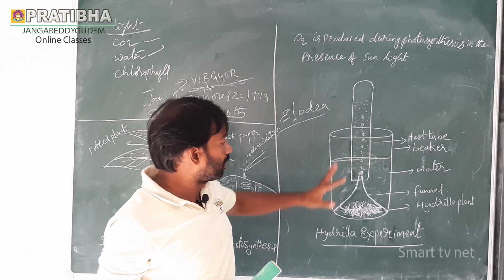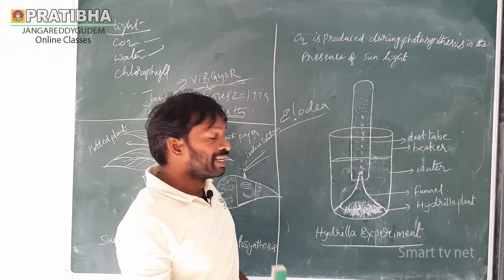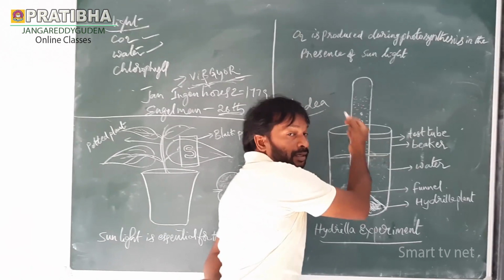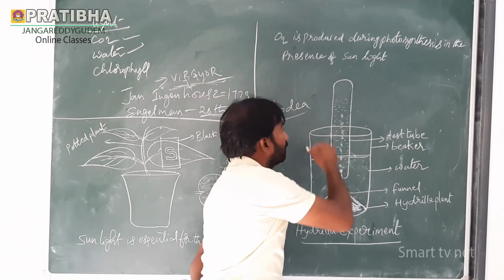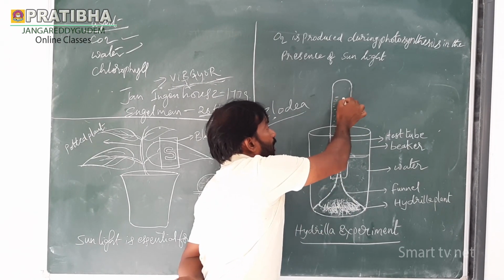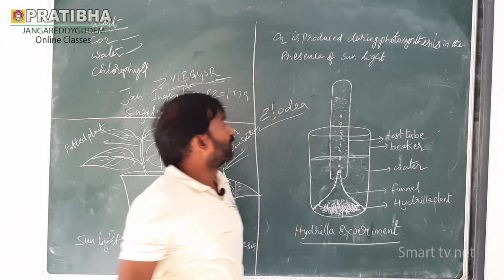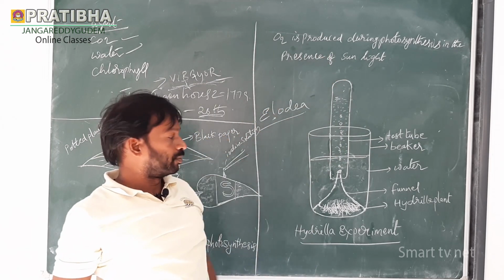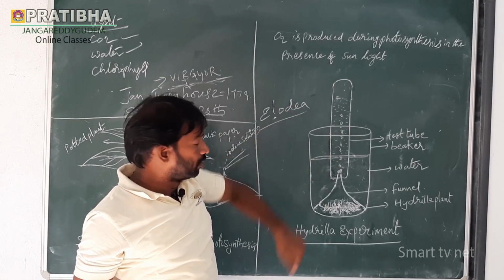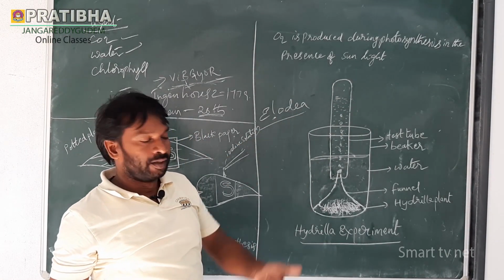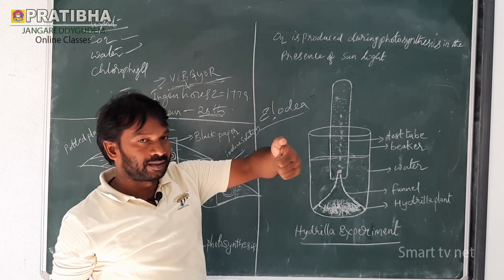3 to 4 hours after, if you observe, some bubbles are rising. These are collected at the top of the test tube. 3 to 4 hours after, take out this test tube very carefully and cover its mouth with your thumb.